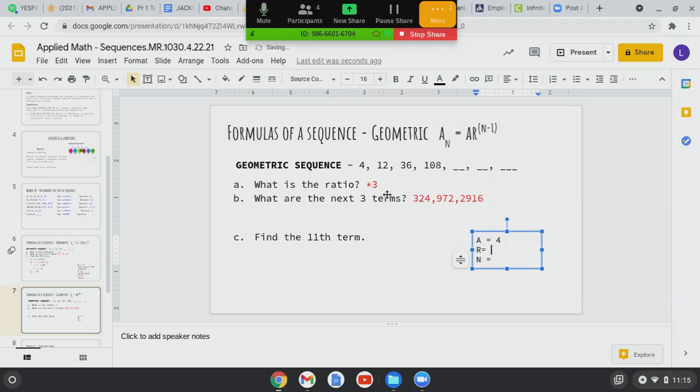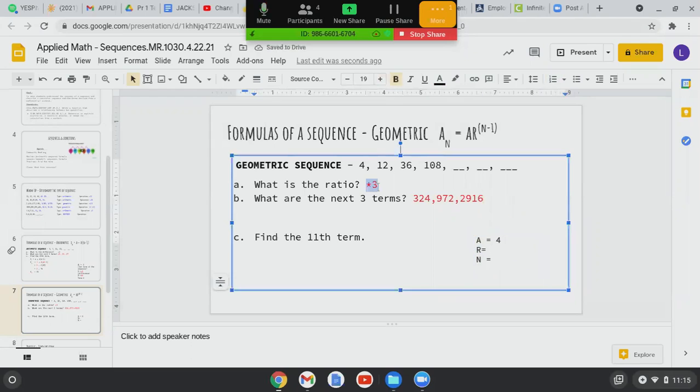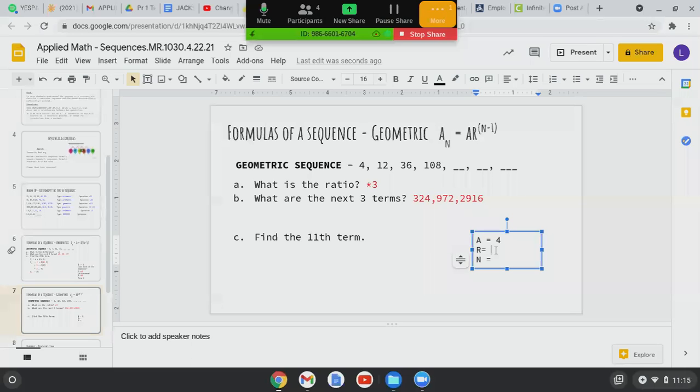Times 3. Yep. So you are multiplying by 3. So you actually just need the number. So 3, and it's a positive 3. So that's good. And N. Which term are we looking for? The 11th. Exactly.